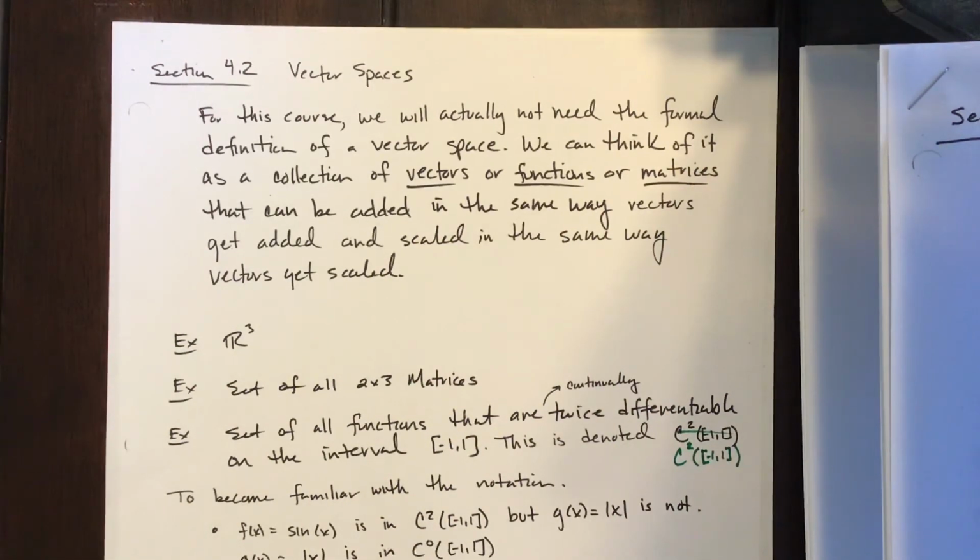There are 10 properties, but we're not going to go over those. The next section, 4.3, is a very important one where we deal with subspaces of vector spaces, which are subsets that behave in the same way a vector space behaves.